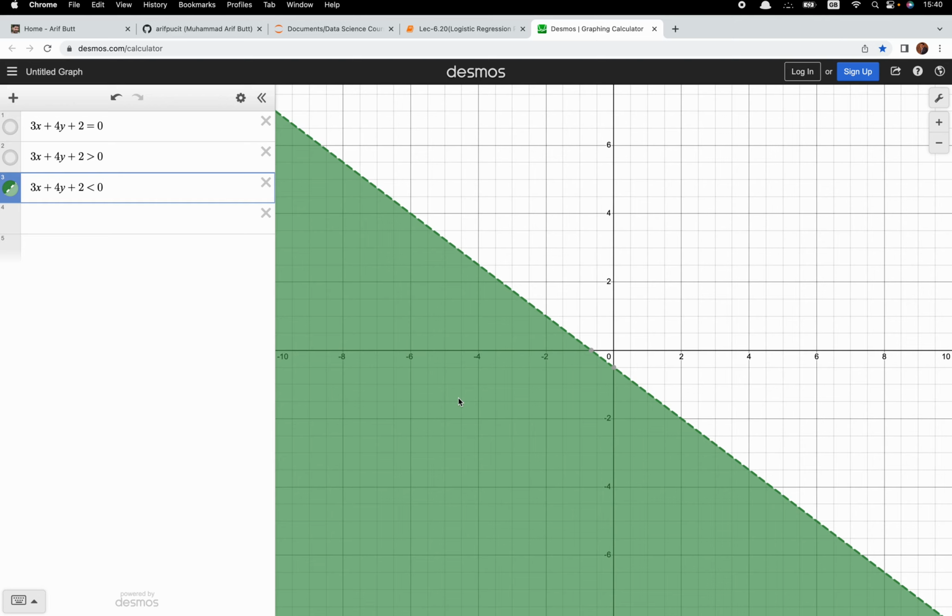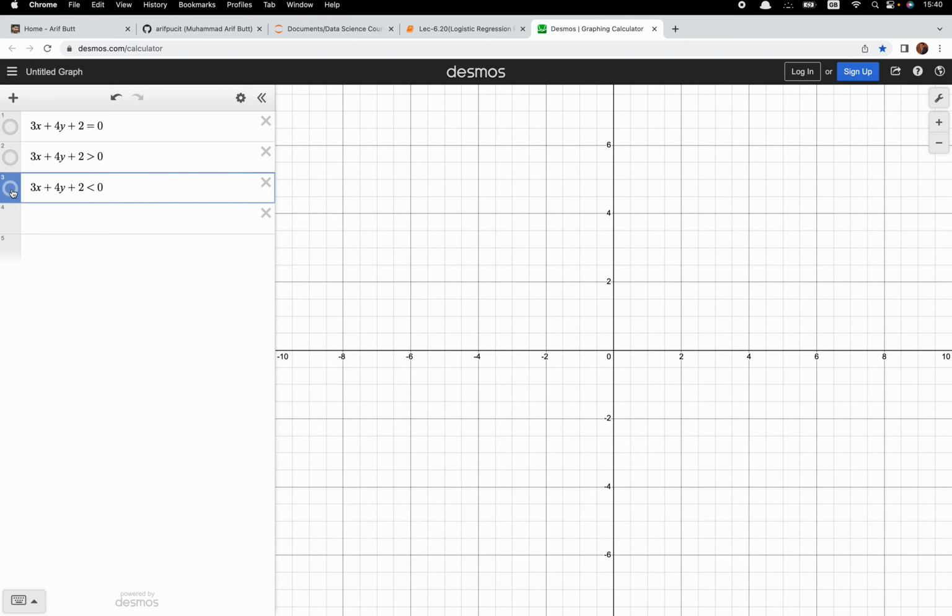Now let's see, given a data point, how can we determine if this point is in the positive region or it is in the negative region? Suppose this is a line. If a point is, let's suppose 2, 2, so it appears that this is in the positive region by seeing it graphically, but how we can do that mathematically?